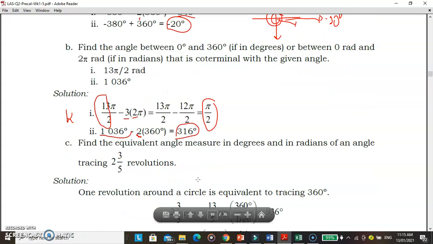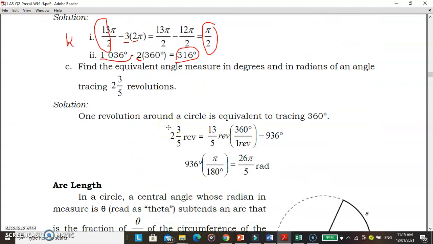Okay. Next example, find the equivalent angle measure in degrees and in radians of an angle tracing 2 3/5 revolutions. So 1 revolution around a circle is equivalent to tracing 360 degrees. So we just multiply it by 360 degrees. We have 2 3/5, that's equivalent to 13 over 5 revolutions.